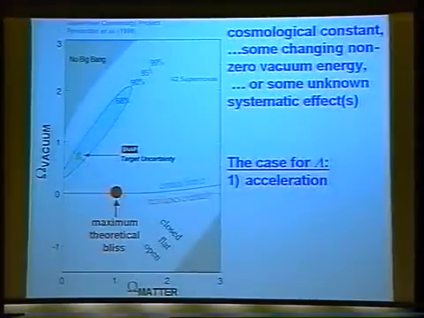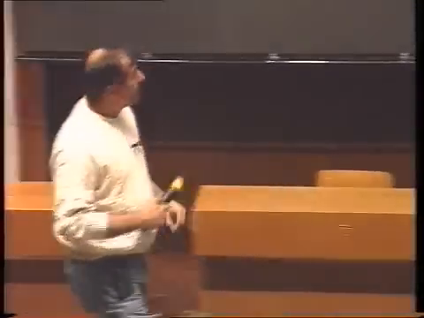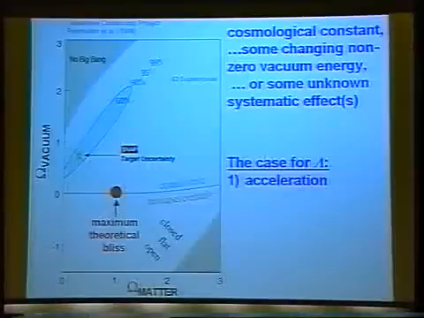Now, this is such an important result that it requires some other evidence than just the Hubble diagram. So I'd like to talk about the case for lambda today, the case for a vacuum energy in the universe today. The first piece of evidence that we see is the acceleration of the universe as measured here.